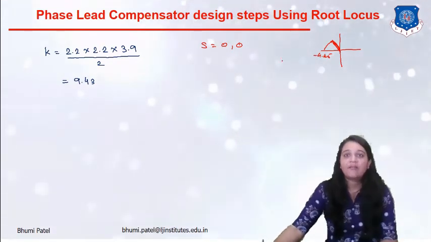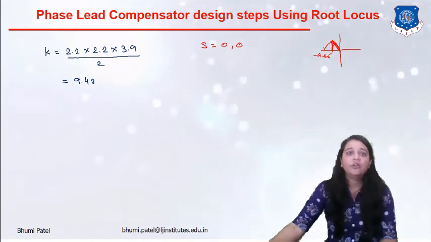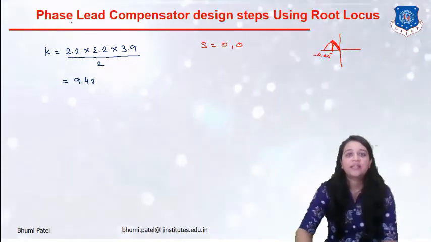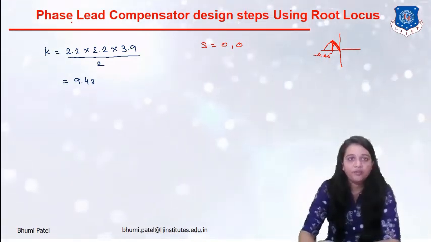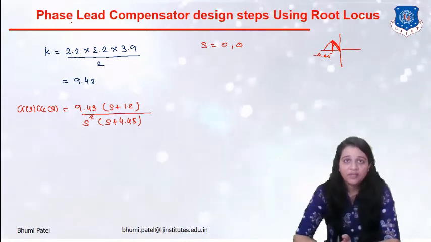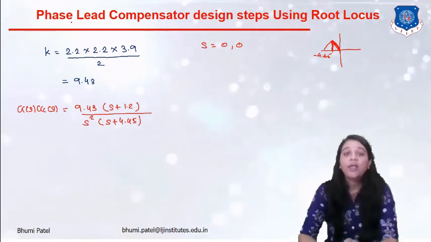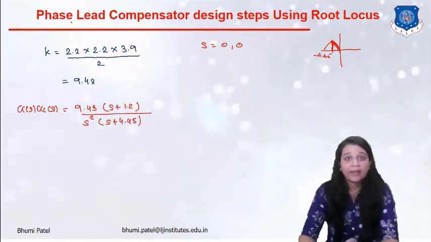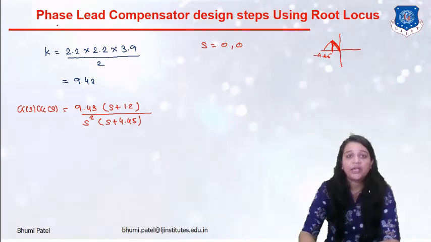That means this is the vector length from the SD to the zero point, and the value is 2. Now simplify this equation, we get the gain K is equal to 9.43. So now our equation will become G of S, GC of S is equal to 9.43 in bracket S plus 1.2 upon S square S plus 4.45.